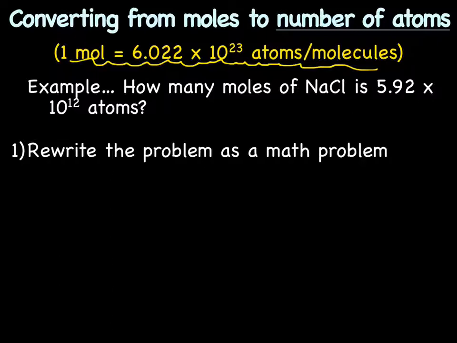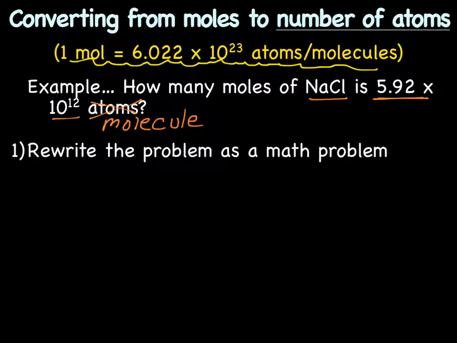First of all, what we know is that we have 5.92 times 10 to the 12th, and I wrote atoms here, which is incorrect because NaCl is a molecule. A molecule is a group of atoms, and an atom would be like just the Na.